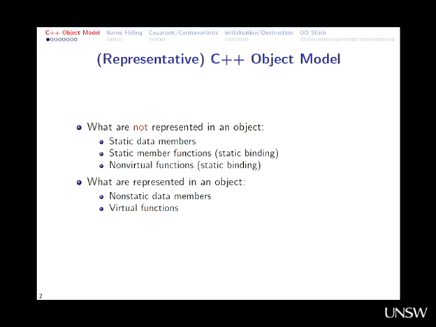So what's represented in an object? Well, for non-static data members, the fields for ints and the strings and all that sort of stuff, is inside an object. Every object of book has a different string and a different price, a different double. And for virtual functions, they're actually stored alongside an object.